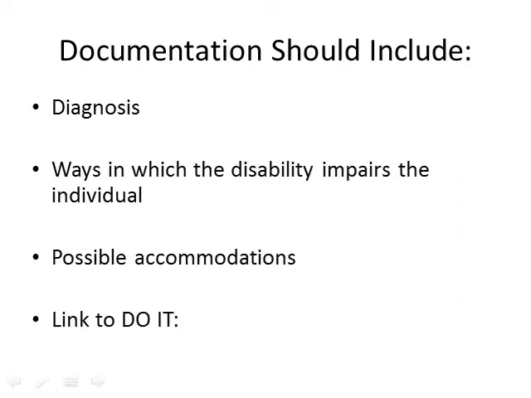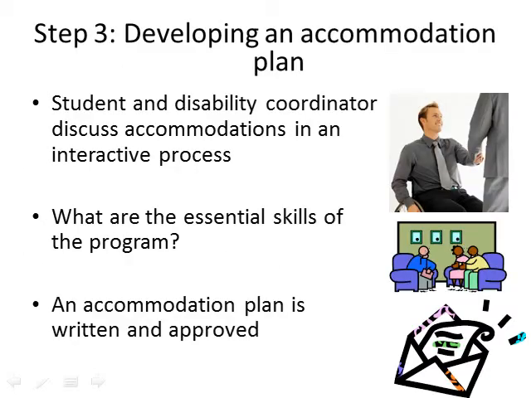In general, documentation that is accepted includes a diagnosis, how the diagnosis impairs the individual in terms of major life activities, and what accommodations are needed to help remediate those limitations.